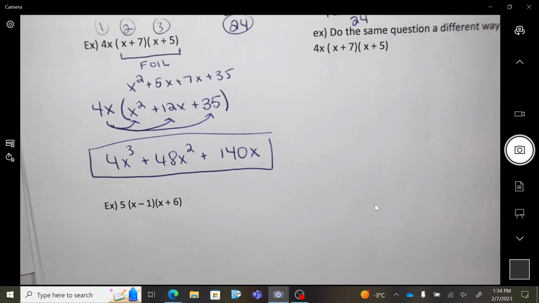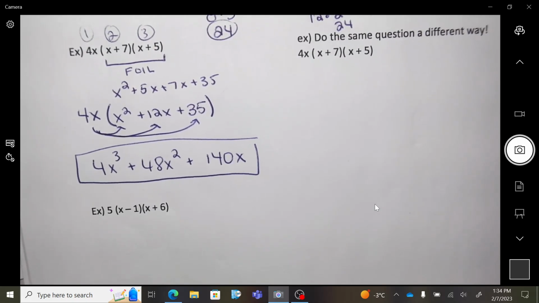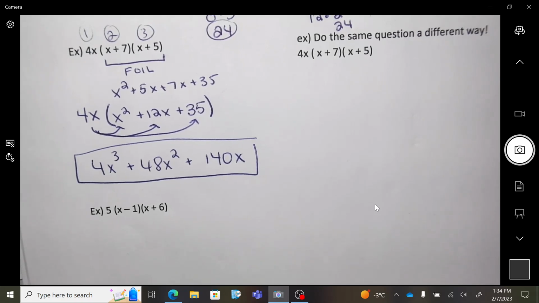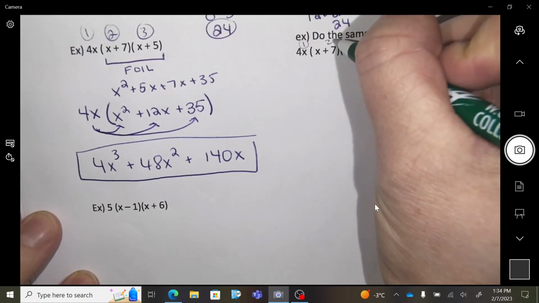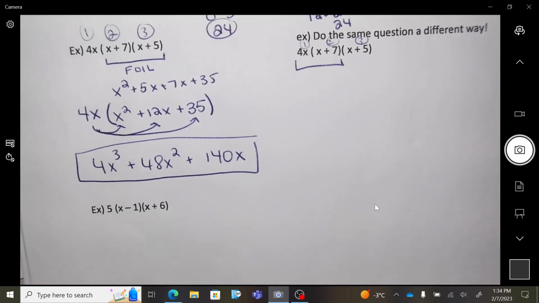Okay, we are going to do the same question and we're going to pick a different way and let's see if our answer is going to match. Okay, this time I'm going to pick us putting 1 and 2 together first.